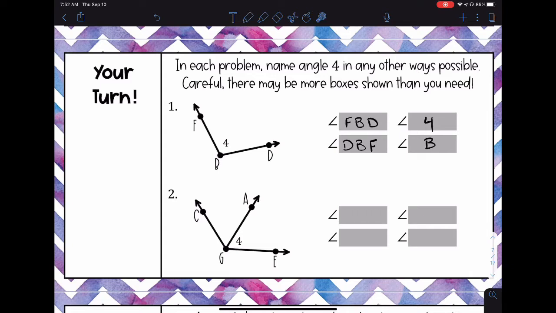Number 2, you have angle CGA, and then you have angle AGC, so you can go backwards.